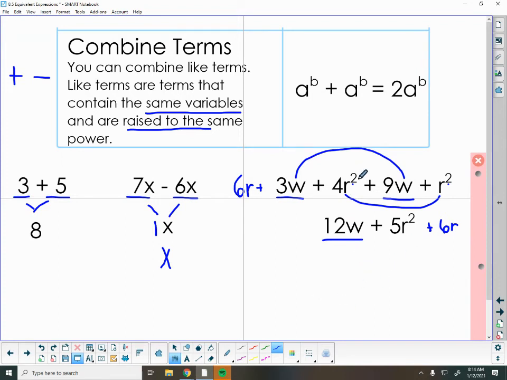And now notice when I did these powers, I didn't change the power. They were still just squared. That didn't change. It's not all of a sudden to the 4th. It's still just going to be r squared. So those are several things. Now, that was a lot of information, but those are several ways that we can change expressions around to see if they are equivalent, even if we don't know what the variables equal.